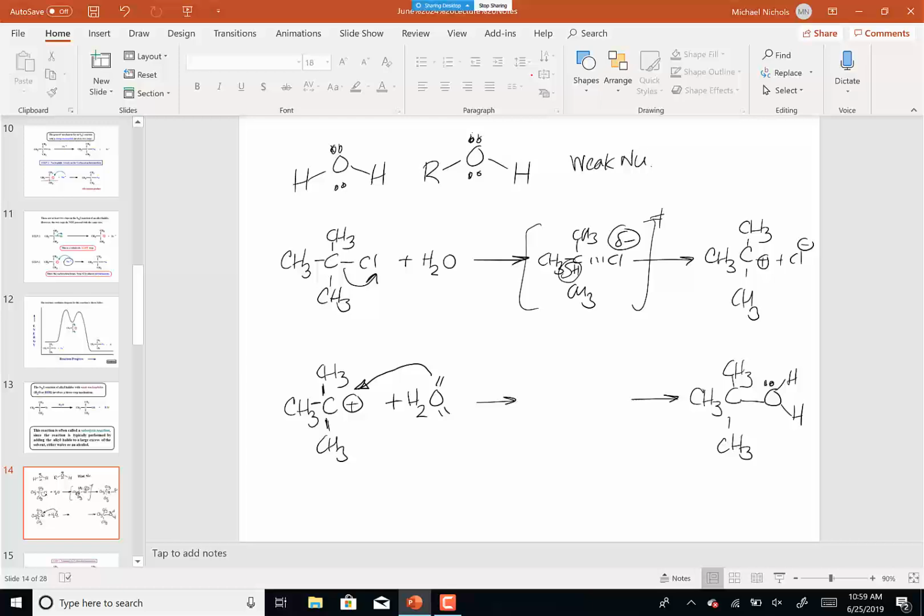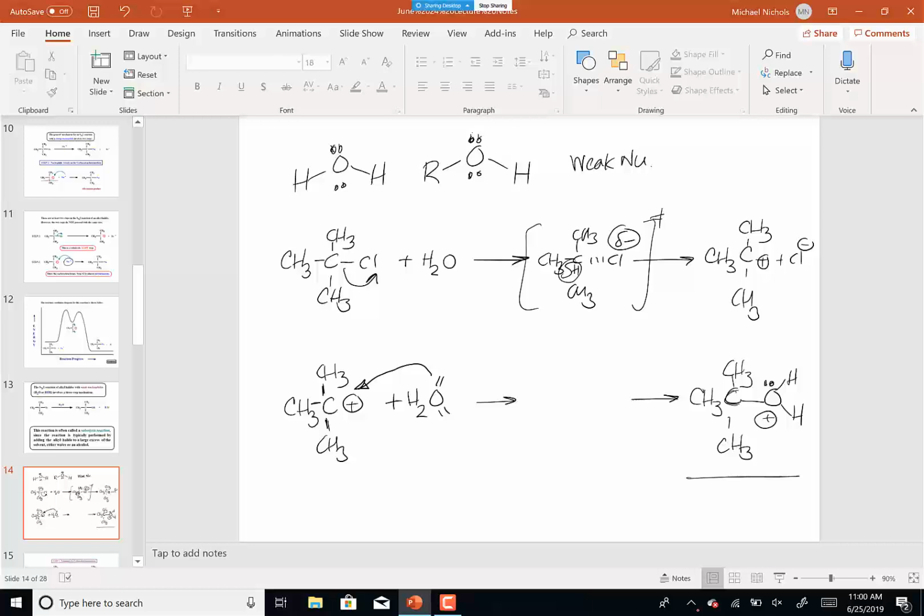So where does the +1 charge go in the product? Let me ask the question differently. What's the formal charge on the carbon in the product? 0.